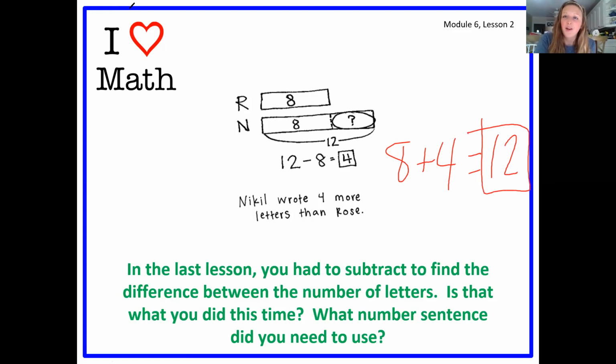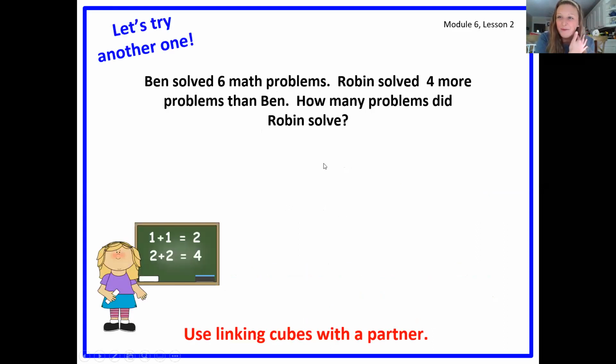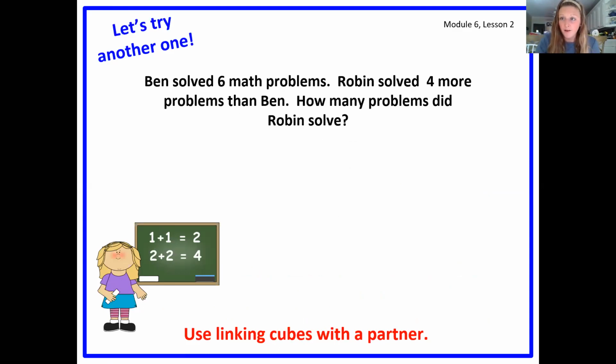So we're going to go ahead and use the strategy that we've been talking about to work on a few more word problems today. So if Ben solved 8 math problems and Robin solved 4 more problems than Ben, how many problems did Robin solve? So I'm going to use my tape diagram and linking cubes to go ahead and draw these real quick. So I know that Ben solved 6 math problems and Robin solved 4 more problems.